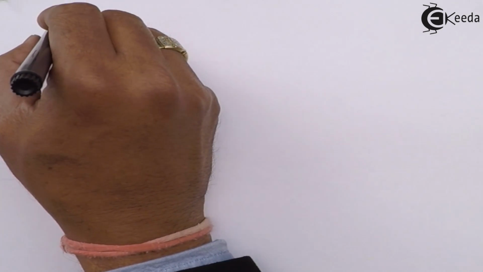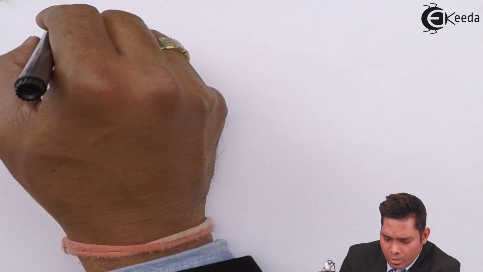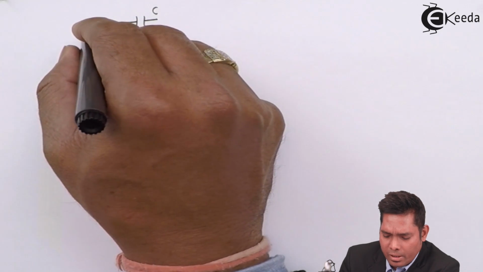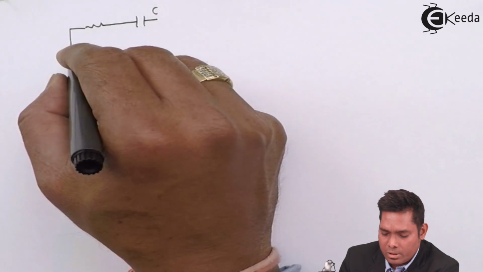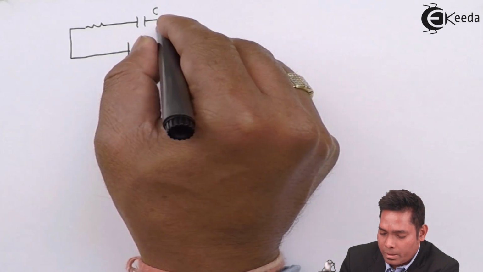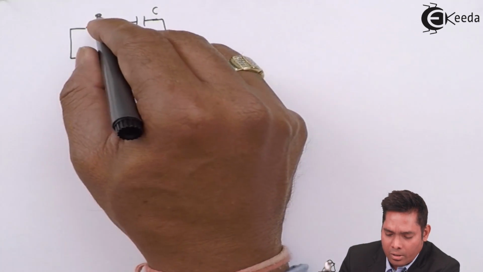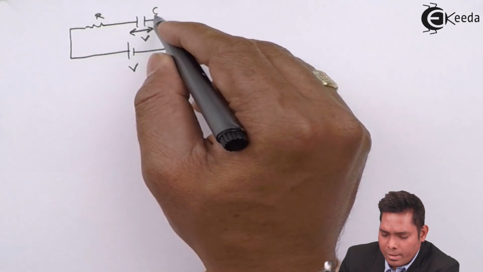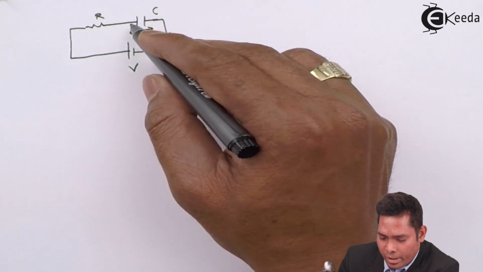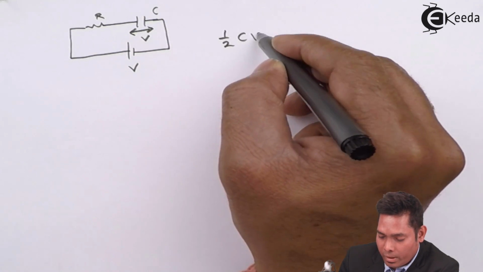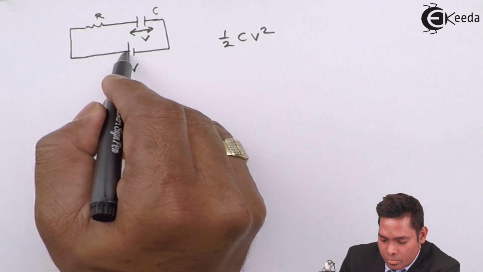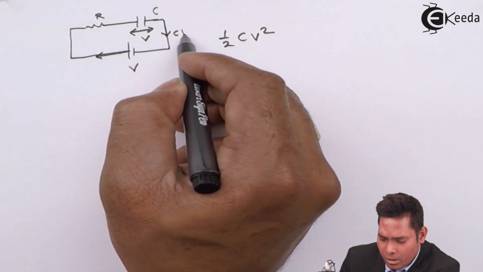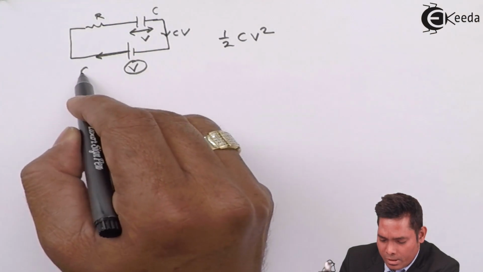The total heat loss can be calculated as follows. We know that when there is a capacitor C and a resistor, heat is lost through the resistance, and there is a battery voltage V here and resistance R. Finally this attains a potential difference of V. The energy stored in the capacitor is half CV square, but the battery which supplies the energy has a charge CV flowing through it, into the battery voltage V, that is CV square.